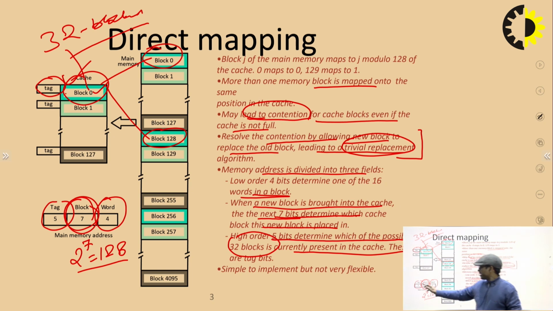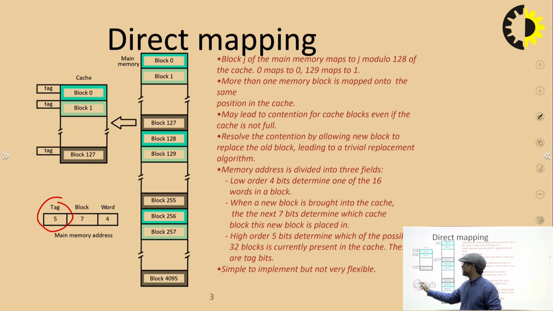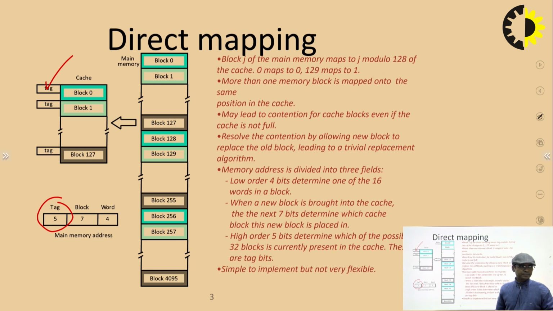So, this will identify out of 32 which particular block from the main memory is present here. So, whenever a particular memory address is generated, it is first checked with this tag value to see whether it is present in the cache memory. Fine. So, what is the problem here?